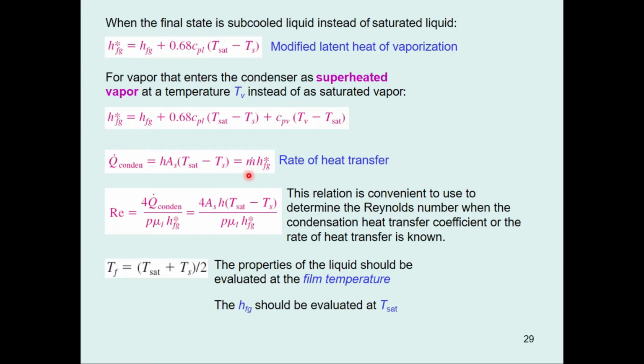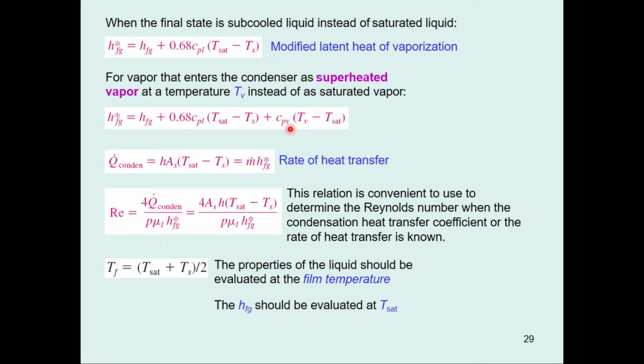This is the formula that I already used in the previous example, where we had to determine the rate of vaporization. The rate of heat transfer was given, and the latent heat of vaporization was also given, so we determined the rate of vaporization in the second step of the previous example.